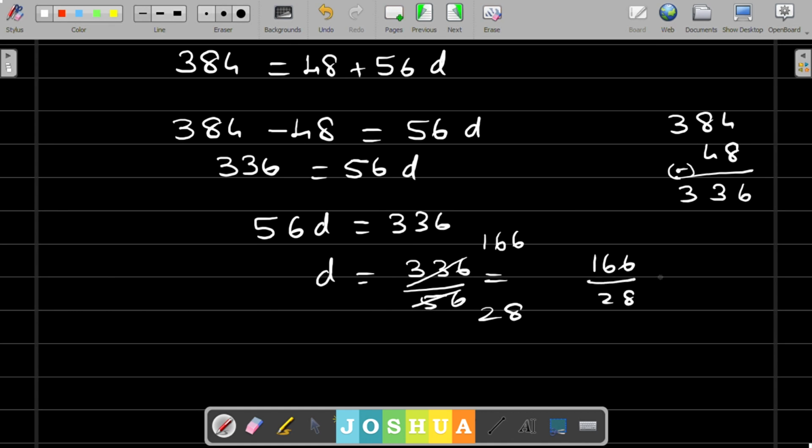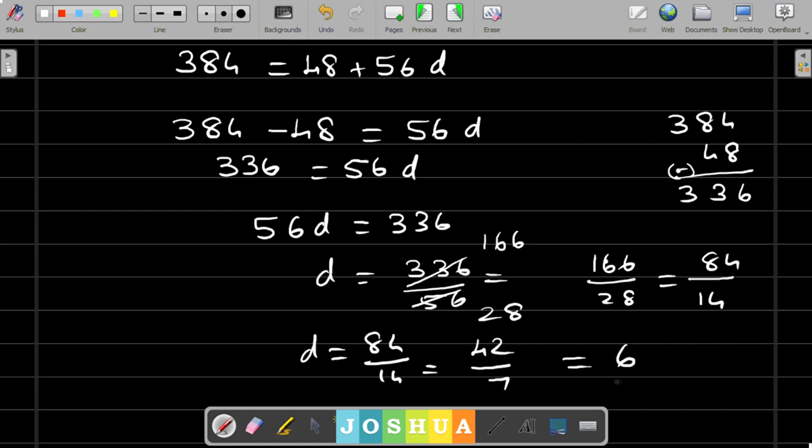Further I can divide by 2. I'm just going a very simple way. You can go directly with some value, go for 14, and here I can divide by 2, 84. So 84 by 14 is there. So again it is equal to 42 divided by 7, so automatically 6. Okay, so I got the answer, d is equal to 6.